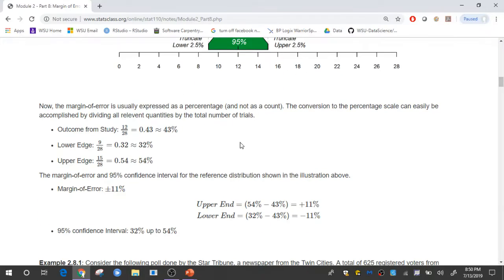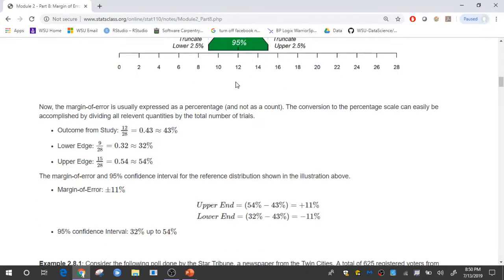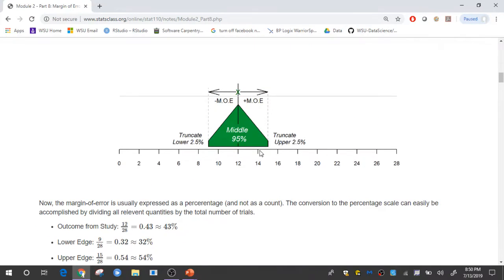So in this schematic right here, the outcome from the study was 12, the lower edge was 9, and the upper edge was 15. Now when we express the margin of error, it's almost always expressed as a percentage and not as a count. So this scale right here is the count axis. Now to convert that to percentages, all I need to do is take each of those corresponding values and divide by the total number of trials, which in this illustration is 28.